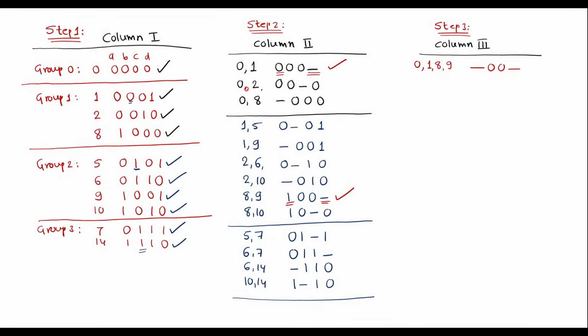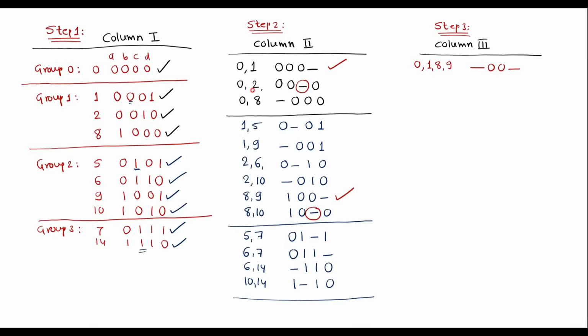Now I will compare 0, 2 with all other numbers of the next group. In 0, 2 the third bit is dash. We will compare this number only with those in which the third bit is dash. So here the third bit is dash. If I compare 0, 2 with 8, 10, they differ by 1 bit, that is the MSB bit.